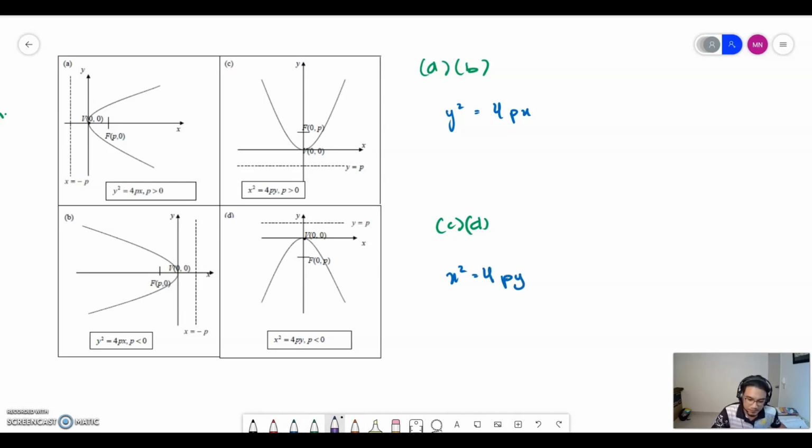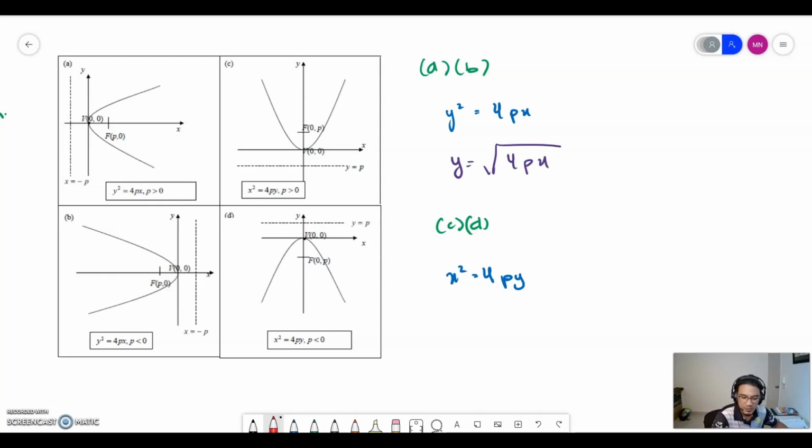Okay, so to make this easier to memorize, for parabola A and B, which open horizontally, y squared equal to 4px, you can change this equation into y equal to the square root of 4px.